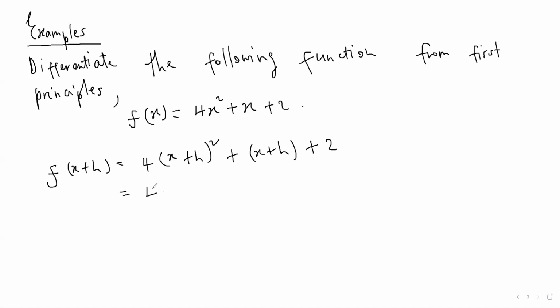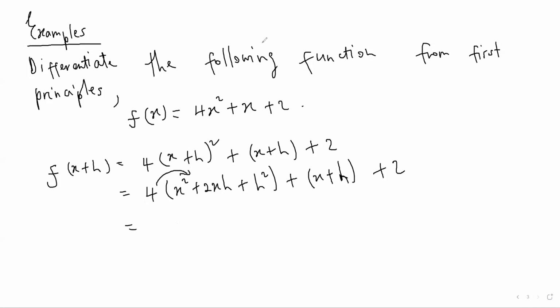So let's go ahead and expand it, because we're going to need to expand it. x plus h squared is basically just x squared plus 2xh plus h squared, plus our x plus h that we have. That stays the same, and we also have our plus 2. Let's then distribute the 4 into the bracket.